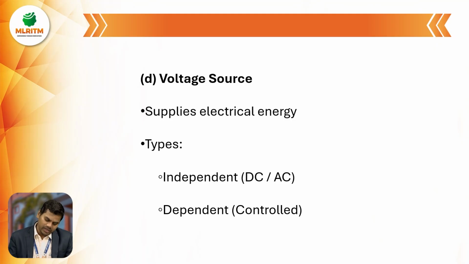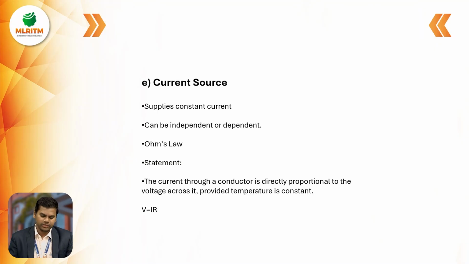Independent sources are either DC or AC sources, while dependent sources are controlled sources. Last one, current source, is also a basic circuit element. It supplies only constant current, and can be independent or dependent.